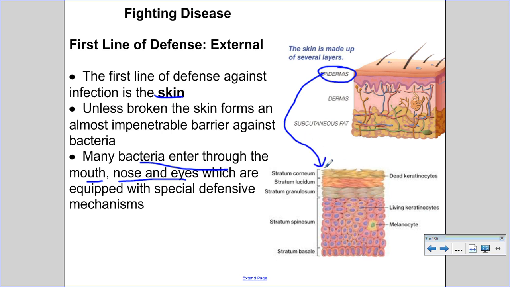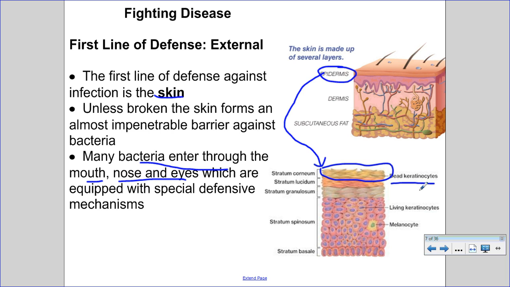At the very top is what is called the stratum corneum, which is basically layers of dead cells or dead keratinocytes. These are dead cells that have been keratinized, they've had their nucleus removed, so they don't allow things to get in, and should anything get in one of these cells, it shouldn't cause an infection. And so it forms a very nice barrier.